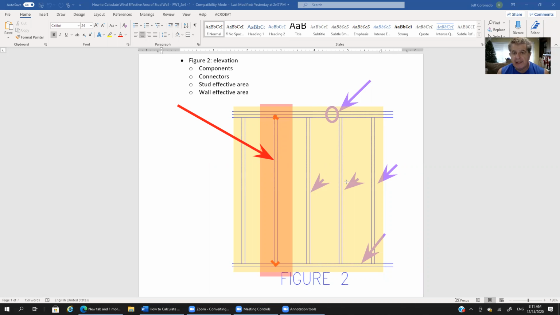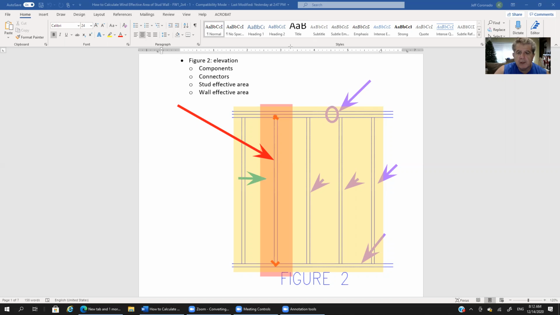We want that individual stud to be able to resist that out of plane wind pressure. So our effective area is going to be the tributary width of this stud. How do we get the tributary width?